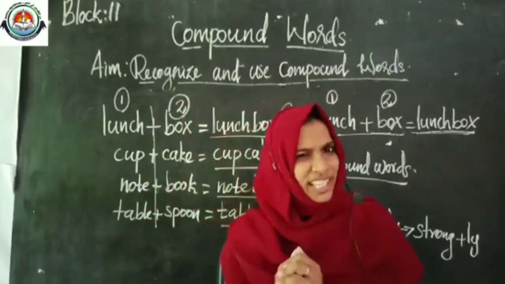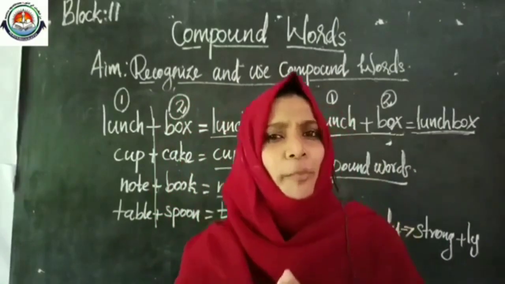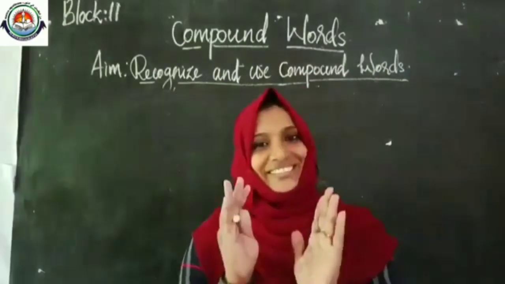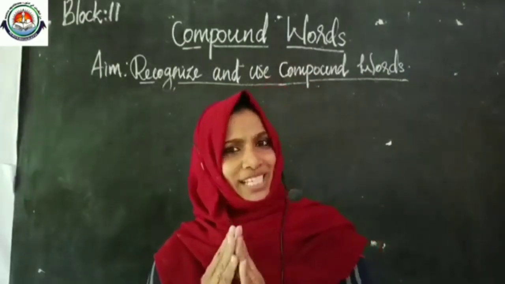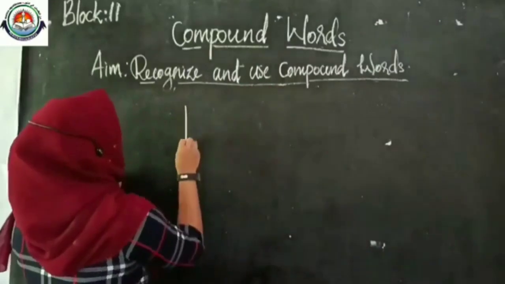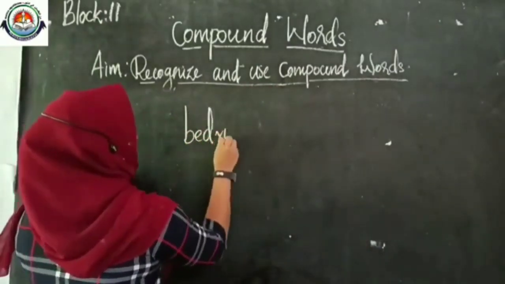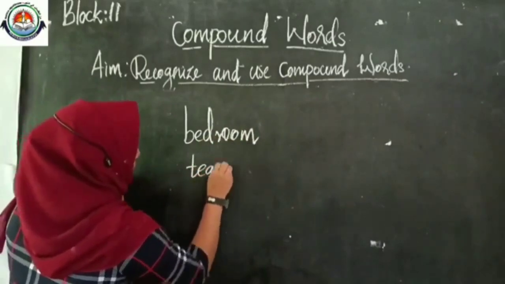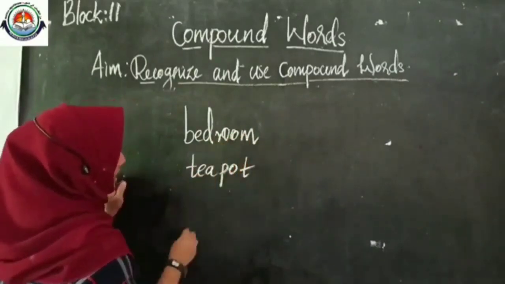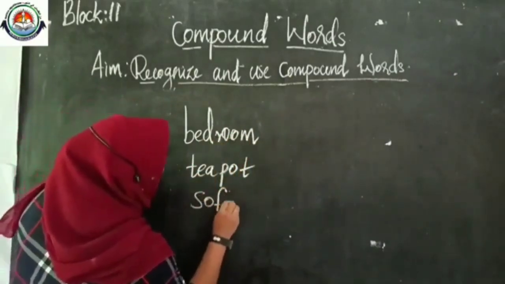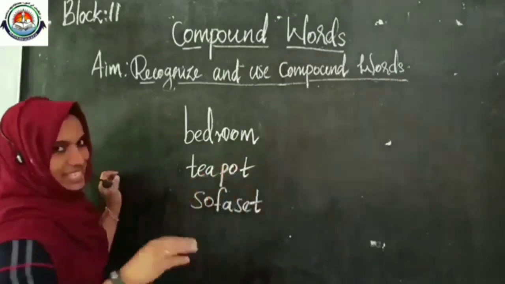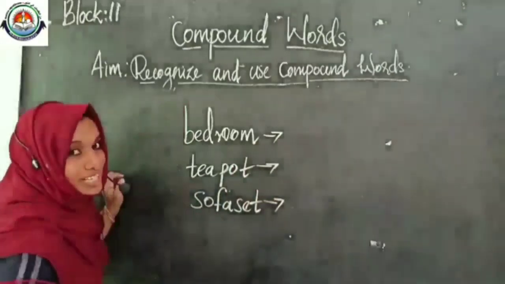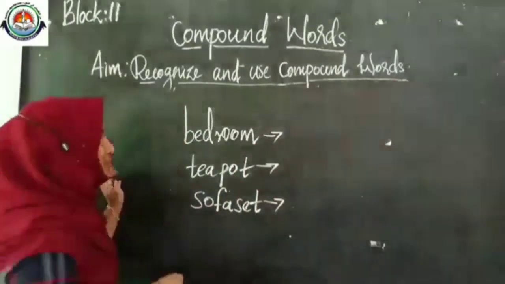Then my dear children, can you think of some more compound words like these? Right. We can make many more words like bedroom and teapot. Then one more, it is sofa set. See, here we can divide these words into two parts. Let's do that.